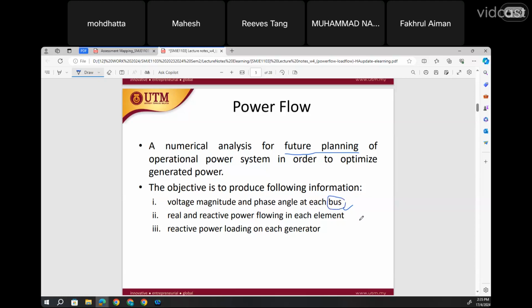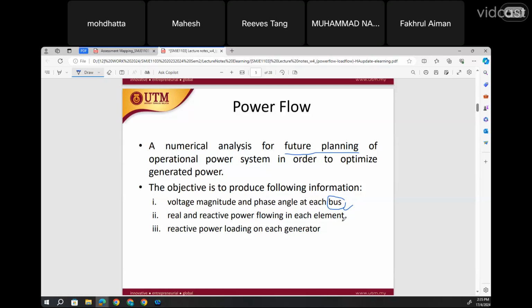This is a terminal where the generator is connected to it. Loads are connected to it. Maybe some of the transformers are also over there, and generators and loads will be connected to what we call a bus.